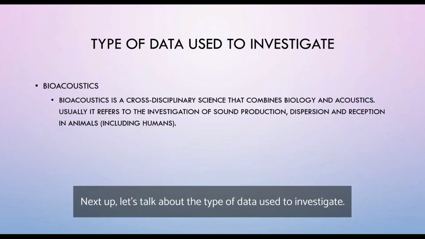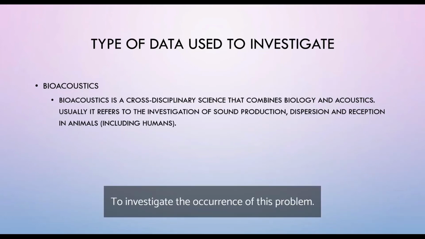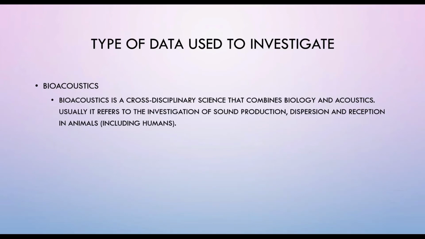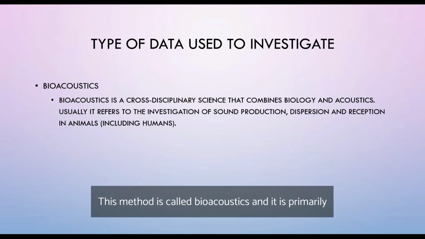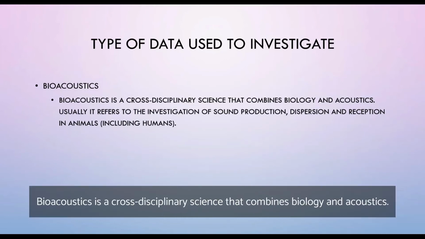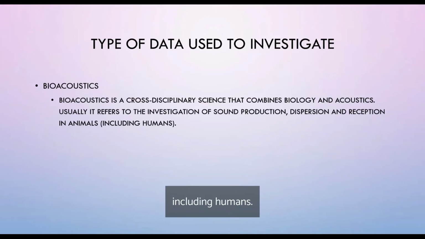Next up, let's talk about the type of data used to investigate. To investigate the occurrence of this problem, a side-scan sonar can be utilized to detect marine life. This method is called bioacoustics, and it is primarily used in biomass estimation. Bioacoustics is a cross-disciplinary science that combines biology and acoustics. Usually, it refers to the investigation of sound production, dispersion, and reception in animals, including humans.